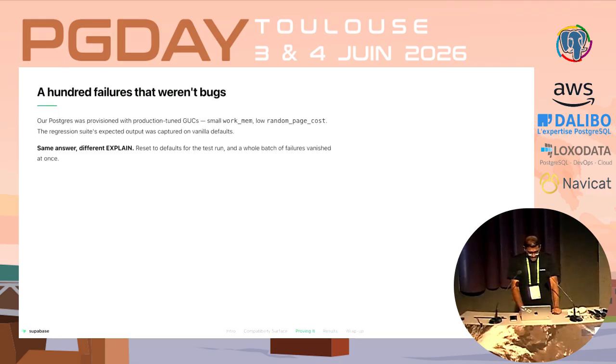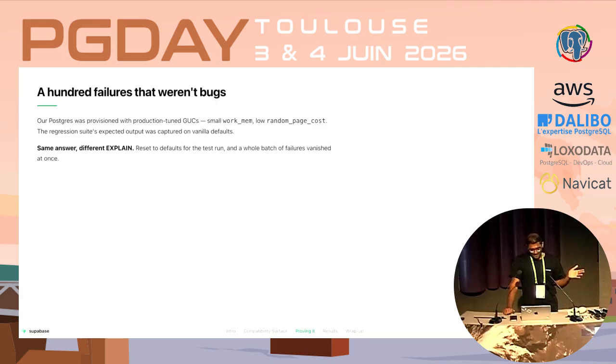When we initially ran the suite, we got hundreds and hundreds of errors. Initially we thought, wow, so many things are wrong with the proxy. But the funny thing is that it was not the proxy at all. It's just a reminder that GUCs are extremely important. When it runs in core Postgres, it runs with the default GUCs, like the default value for work_mem, the default value for random_page_cost, etc. And we had some different values for some set of tests.